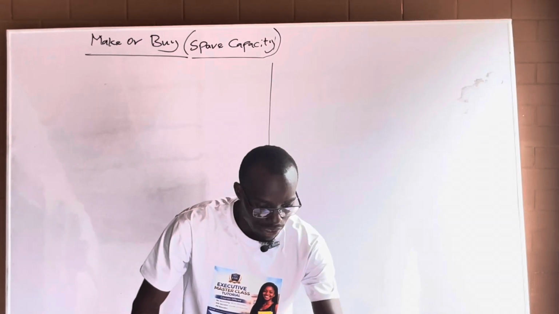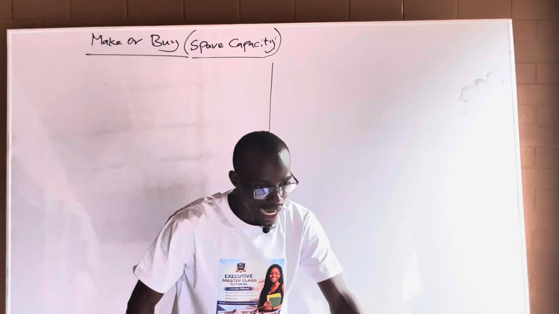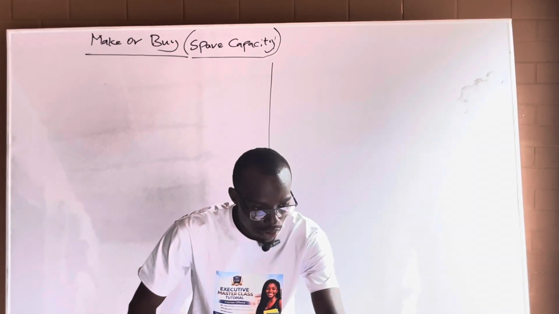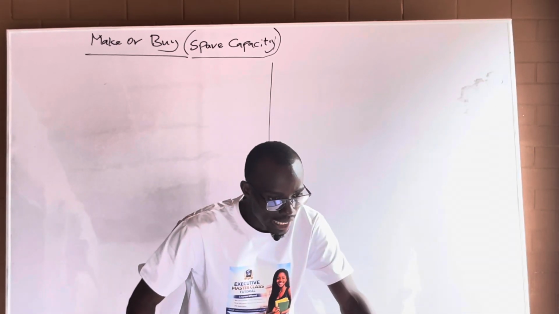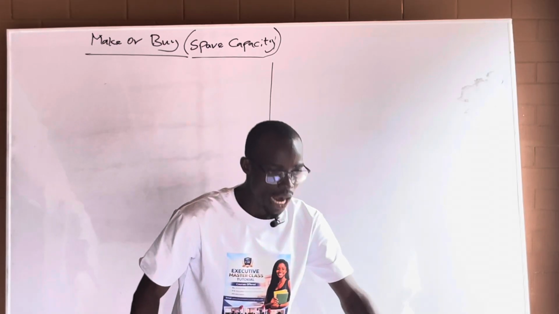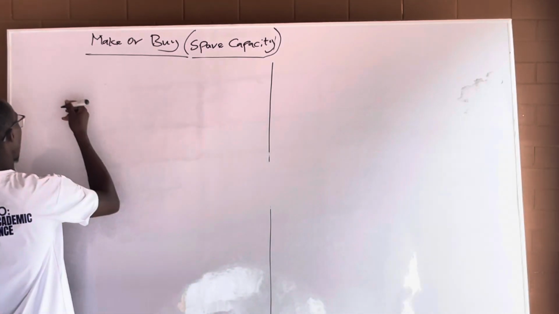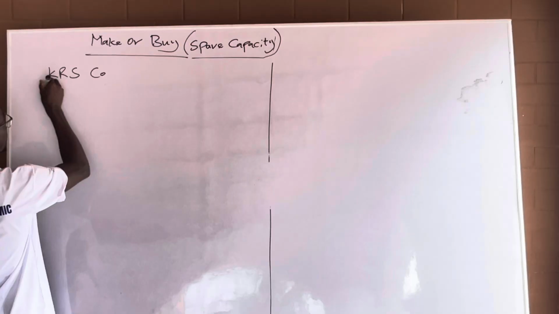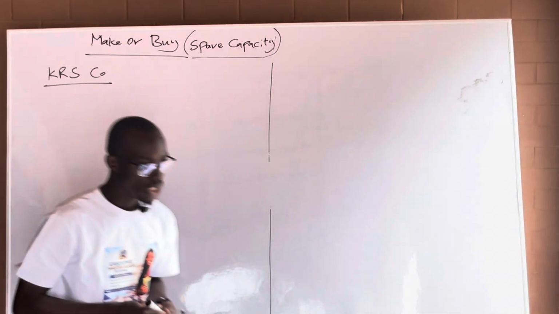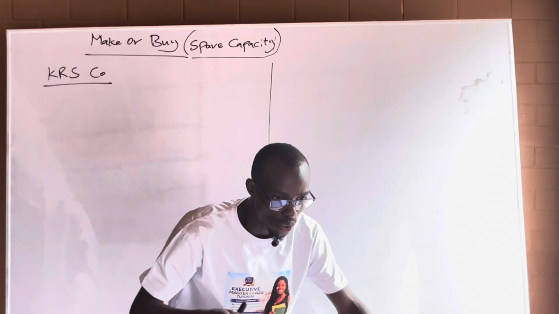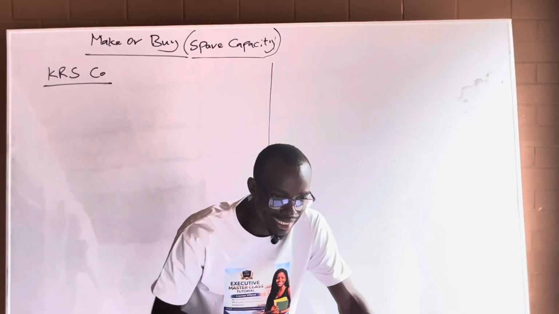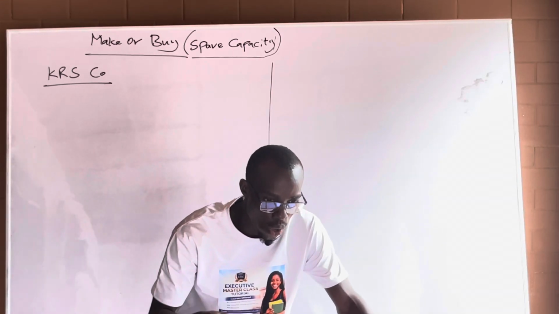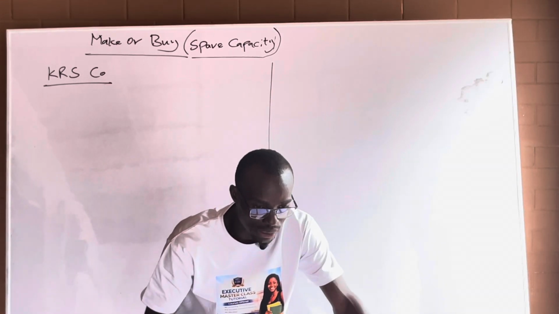So what they have given to us here is that the name of the company is KRS Co. KRS Co is considering whether to administer its own purchase ledger or to use an external accounting service.